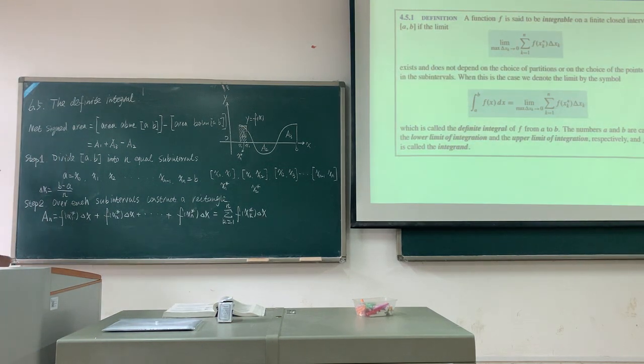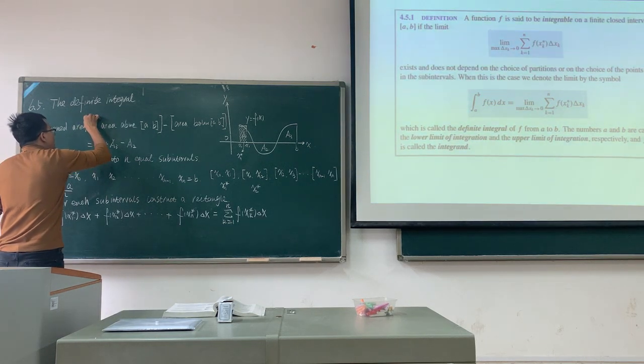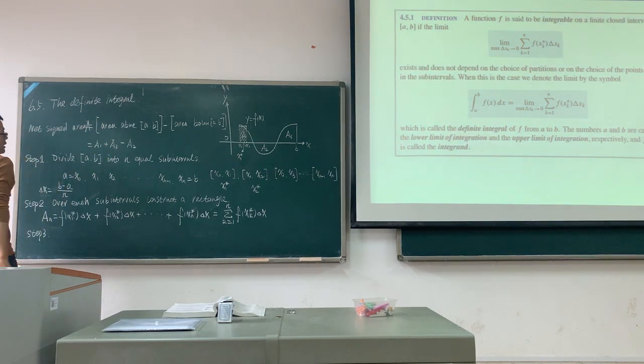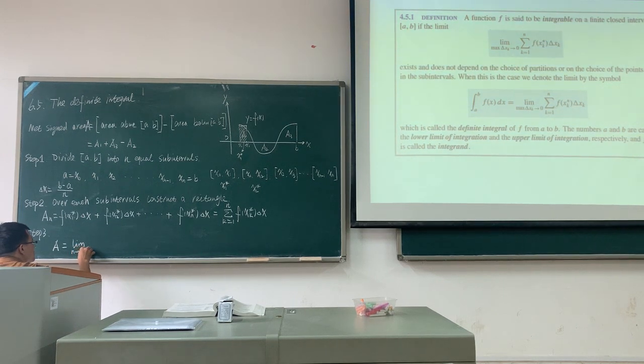Now the third step actually is to take the limit. Okay, take the limit. So here the right side area, we denote it by capital A. So this capital A is actually equal to what? It is equal to the limit as n approaches plus infinity of a_n.